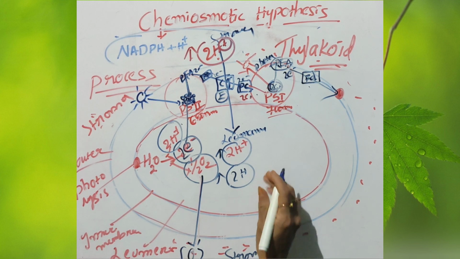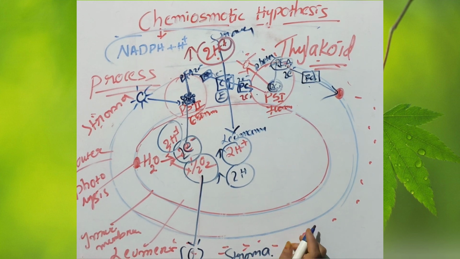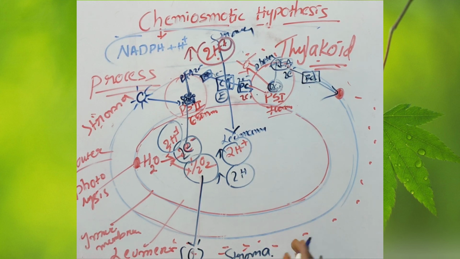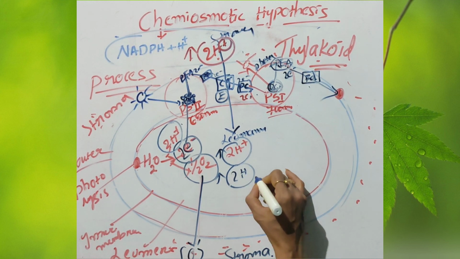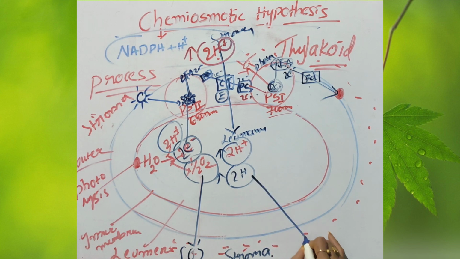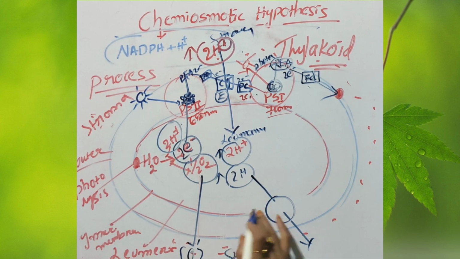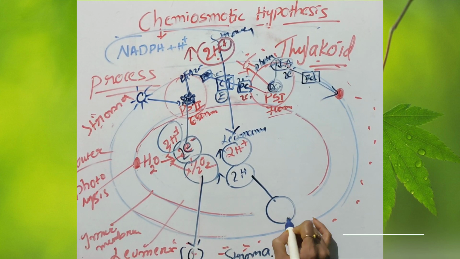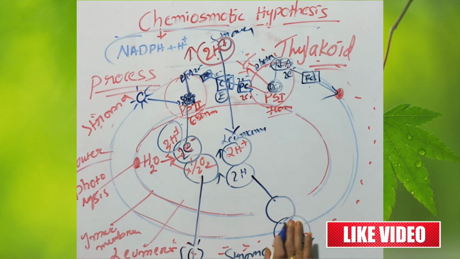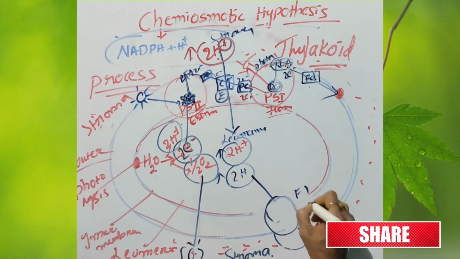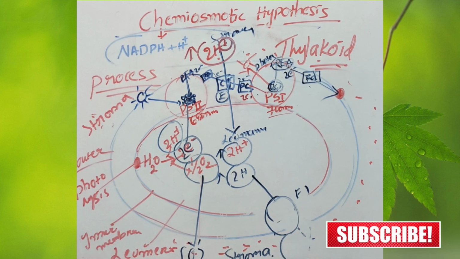So, first coming to the proton gradient: the high concentration of protons in the lumen of the thylakoid facilitates the transportation of protons into the stroma with the help of two important proteins. The first protein is F0 and the second protein is F1.